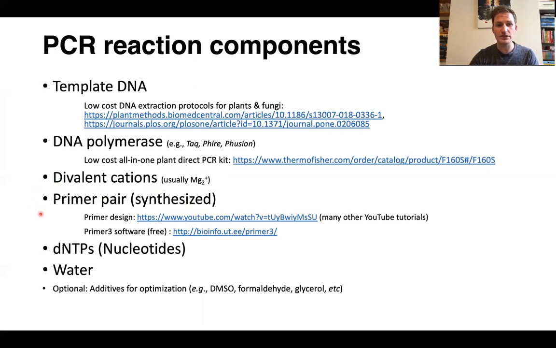What's really important is DNA primers. These are short DNA segments that target the area of the genome of the organism you're interested in order to replicate that area. And this aspect of PCR is probably the most critical because it requires your expertise, your knowledge to design.